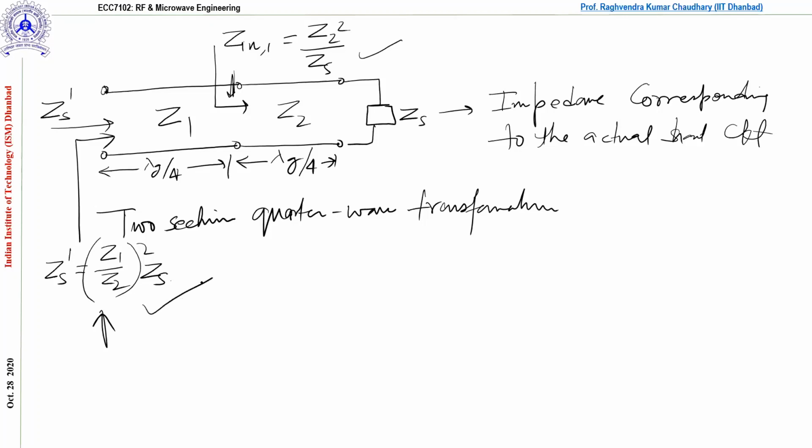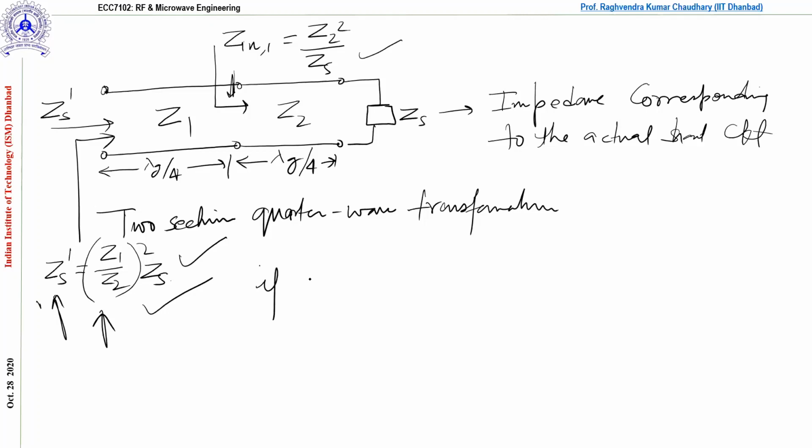This is the impedance seen at the input, corresponding to the actual short circuit. So now you can find the ZS dash seen at this point.